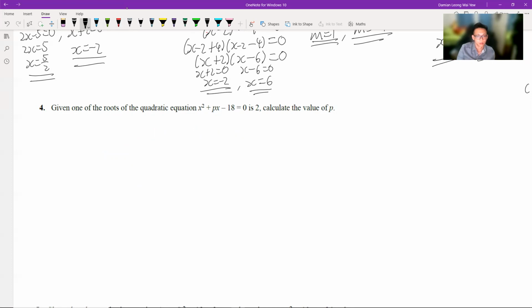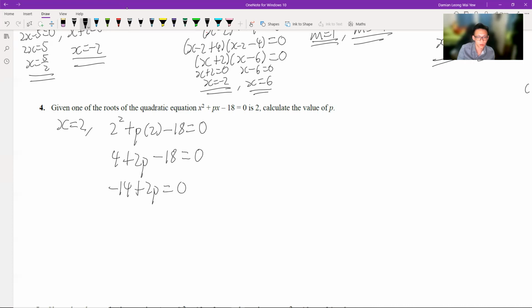Now, x squared plus px minus 18 equals 0. Root is 2, means I can put x equals 2 into the equation, and it will be equal on both sides. So just substitute the 2 in. 2 squared plus p times 2 minus 18 equals 0. 2 squared is 4. 4 plus 2p minus 18 equals 0. 4 minus 18, negative 14, plus 2p equals 0.